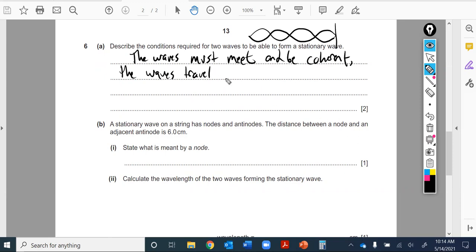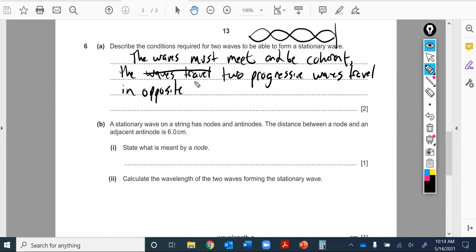The two progressive waves travel in opposite directions, meet and interfere.